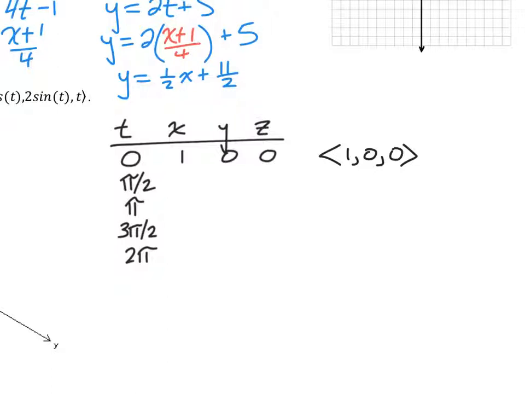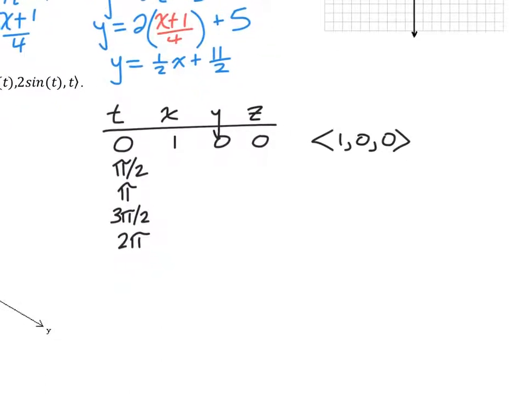So next up, we're going to have 0, 2, and then pi over 2. Times the 2, yeah. So I'm going to write it as 0, 2, and about 1.6.